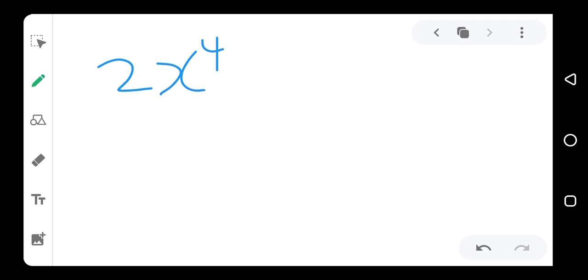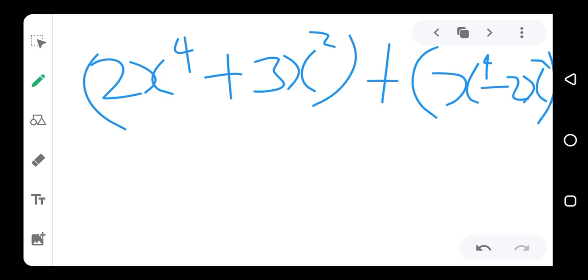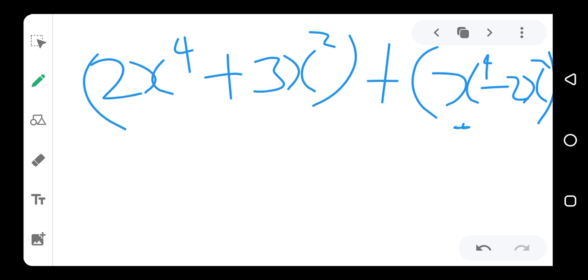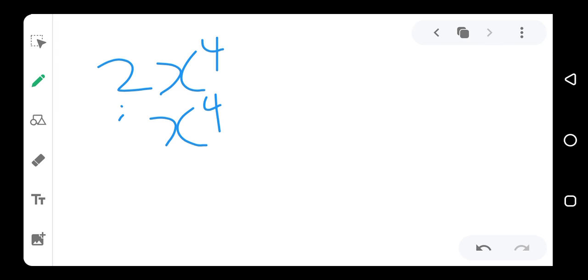Now we look for other ones that have the same variable and the same exponents and put them under this. Now we have x raised to power 4. Now the next one we have is plus 3x raised to power 2.